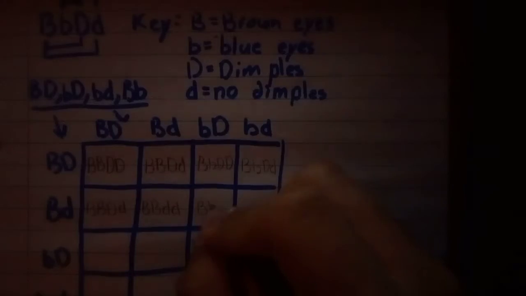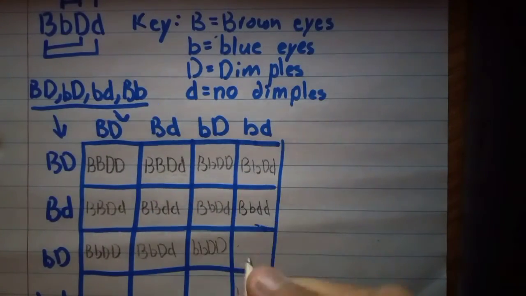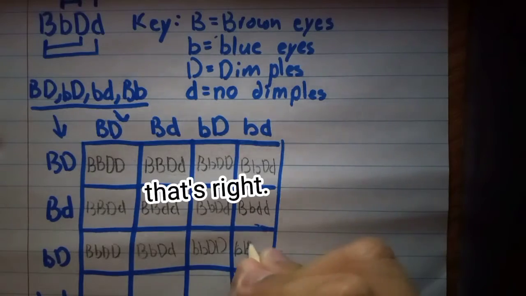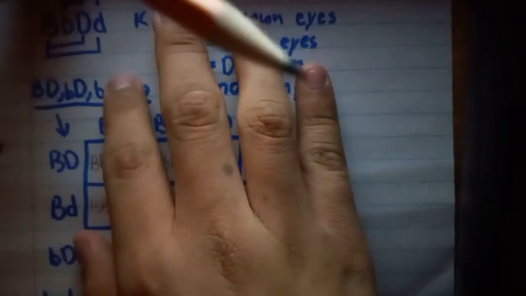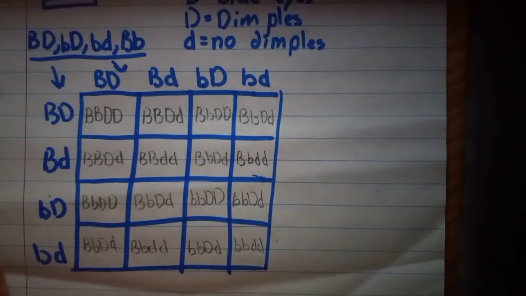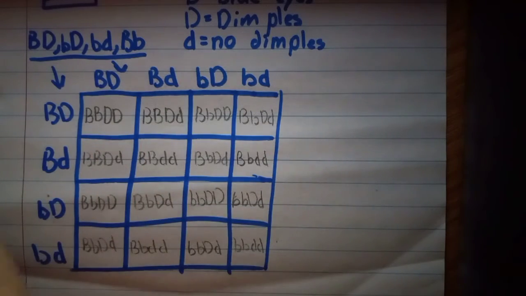Oh, sorry. I'll probably speed this up so it doesn't take much time. Okay, there you go. You can see this. Alright, so here are all the possible outcomes, or not the possible outcomes, all the crossings that can be done.